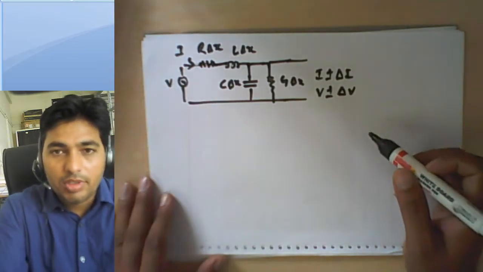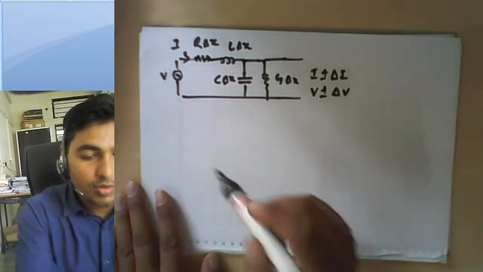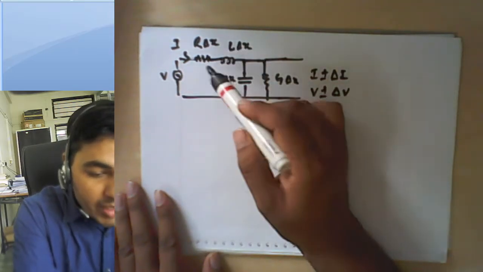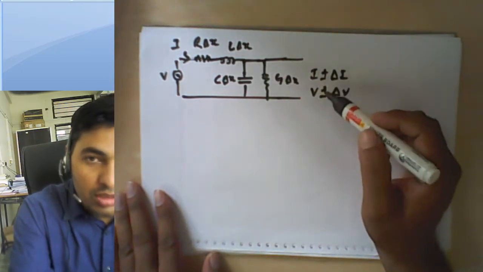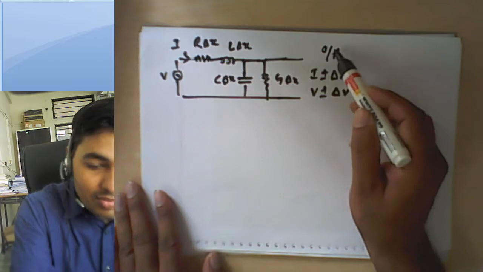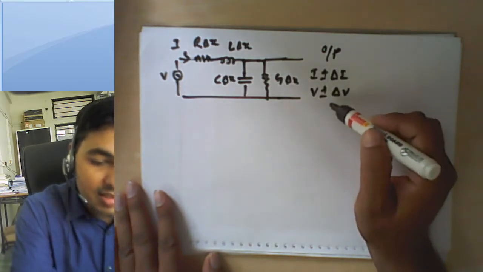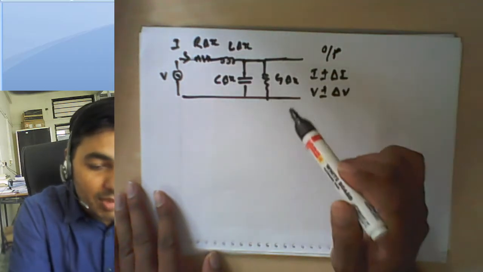So this is the model we have just seen. Now we'll write the voltage and current equations. At the input there will be a voltage drop as well as a current drop in this arm, so the output voltage and current will be different from the input ones. There will always be less current or voltage at the output because it is dropped across these primary parameters.